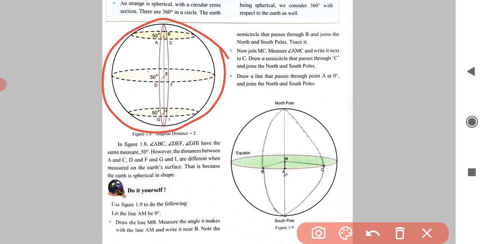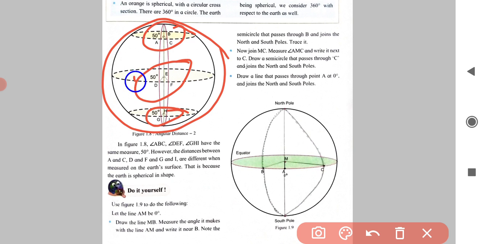This angle ABC, angle DEF, and angle GHI have the same measure, 50 degree.